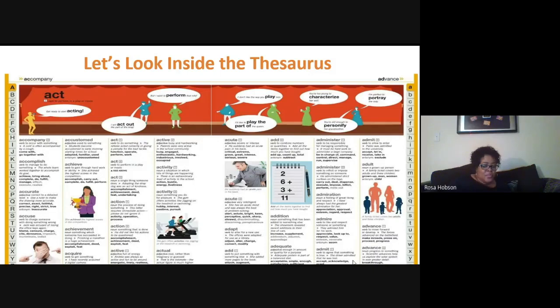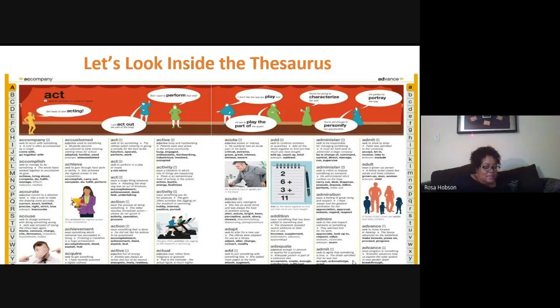Advance, for definition number one, is a verb. It means to move forward or develop. And then there's a sentence: The forces advance on the battlefield. And one of the synonyms that stands out to me is press on. So a word that means the same as advance is to press on. Definition number two is a noun.